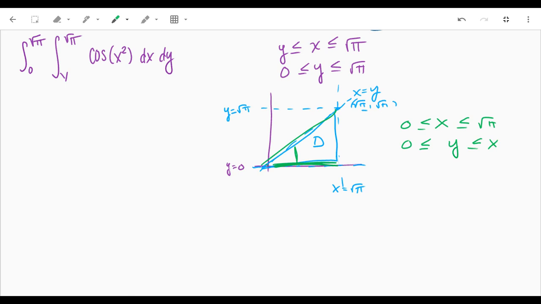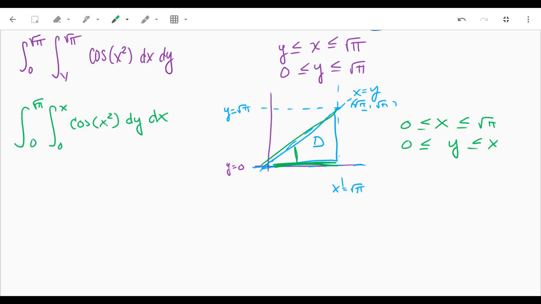So we've changed our bounds, so that now y is the one that has the function with it. So that now I can do the integral from 0 to square root of pi, integral from 0 to x, cosine x squared dy dx.